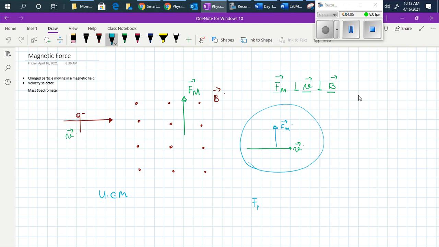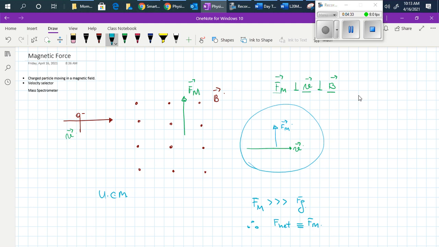Now, for what we are seeing here, the magnetic force is way greater than the force of gravity. So we can easily say that in the conditions when we have a charge, the force of gravity can be ignored, then the net force is the same as the magnetic force.